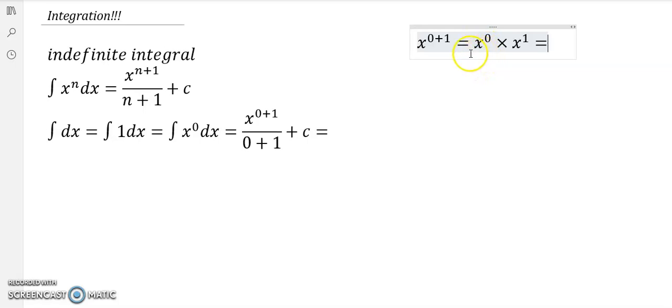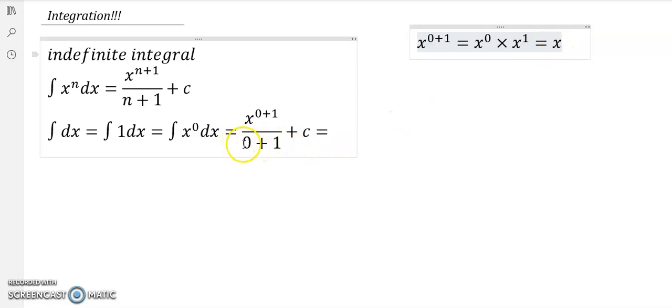Remember, any base raised to the power 0 gives 1, then 1 times x, we're gonna get x, meaning that in place of this term x to the power 0 plus 1, we will replace it by x.